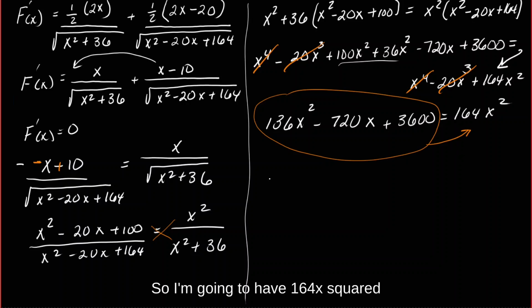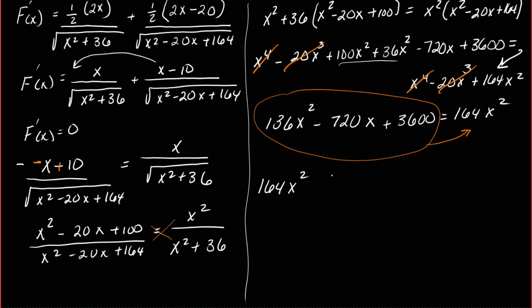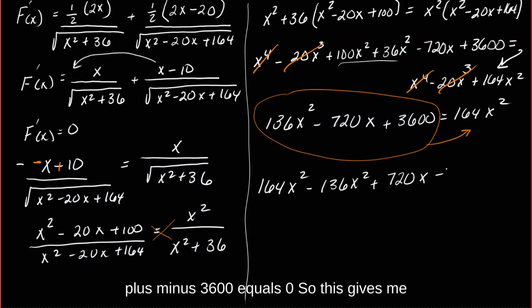So I'd have 164x squared minus 136x squared plus 720x minus 3600 equals 0.